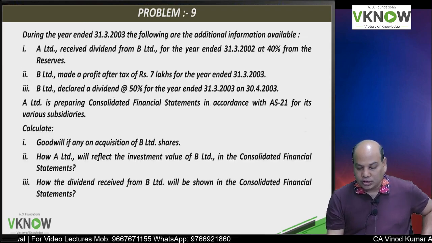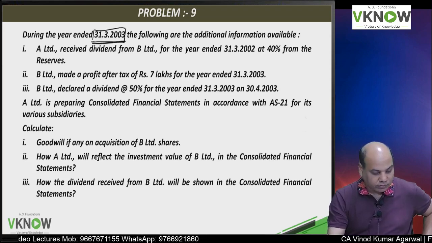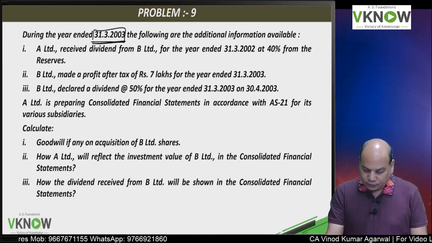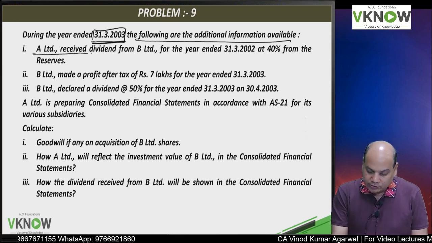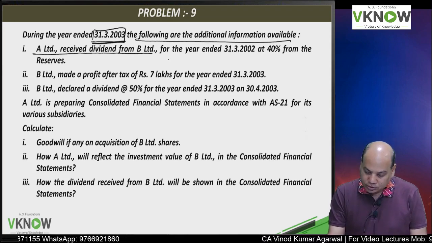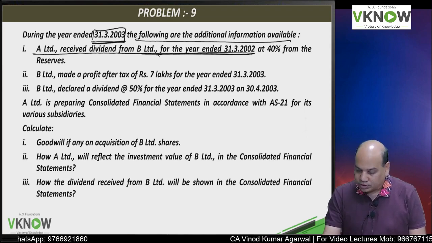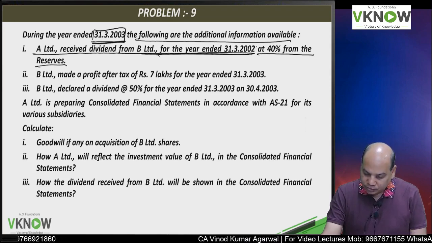Then during the year ending 31st March 2003, after 1 year, look at the date, it is after 1 year. The following are the additional information available. A Limited received dividend from B Limited for the year ended 31st March 2002 at 40% from the reserve.